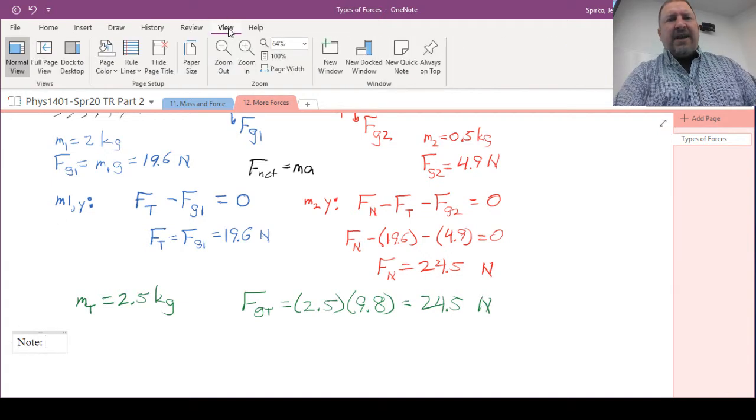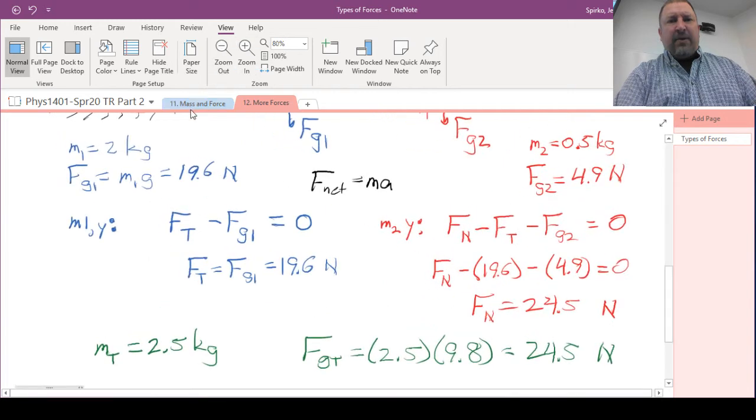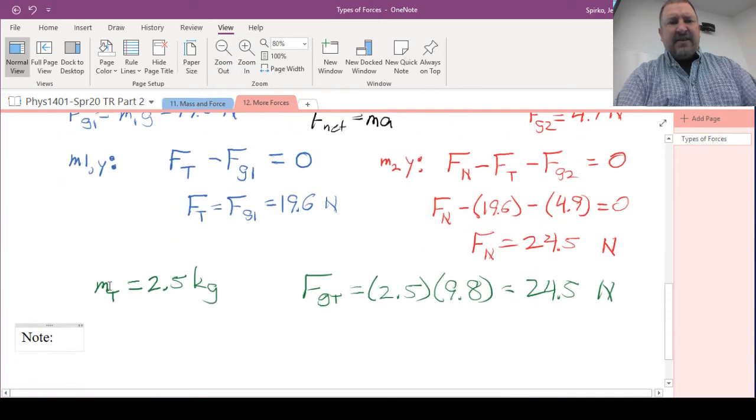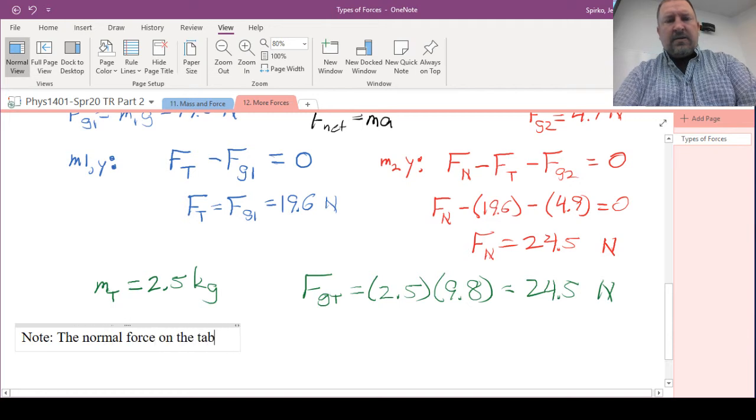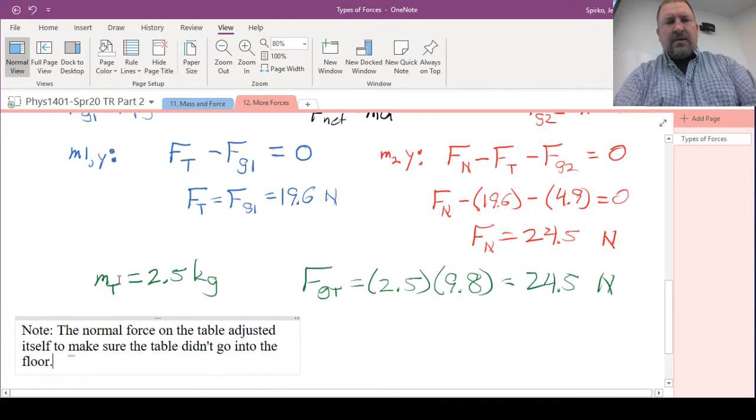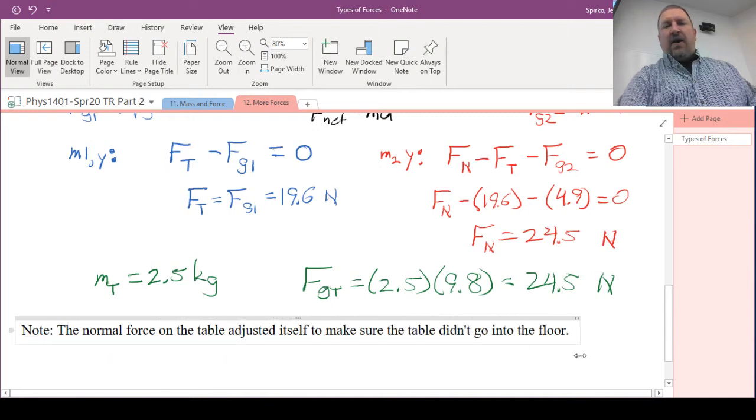Now, one of the important aspects of this example is that the normal force on the table adjusted itself to keep the table from sinking into the floor.